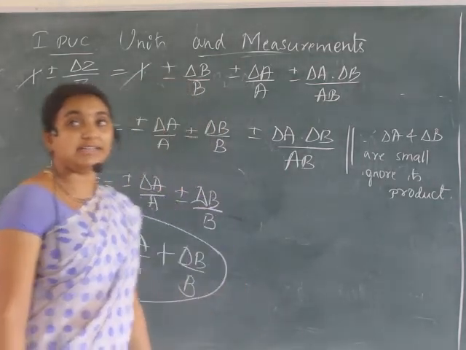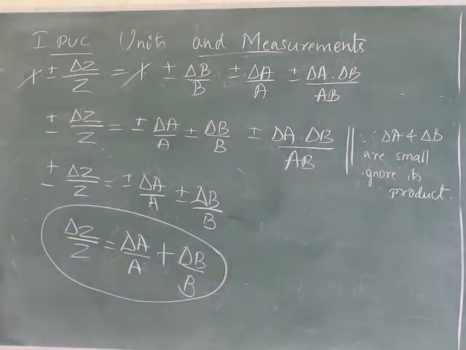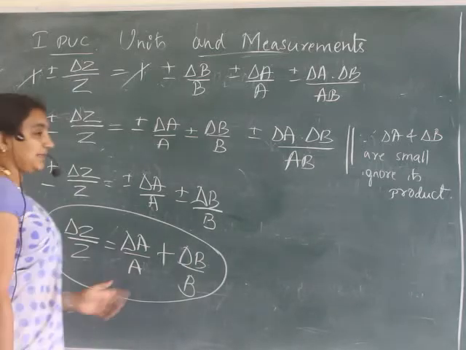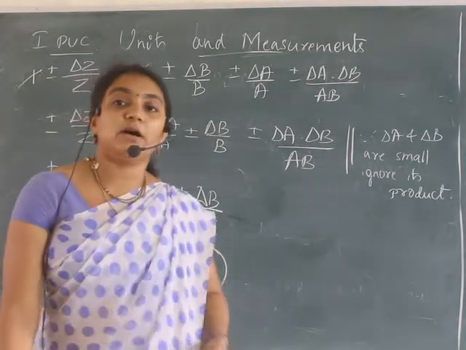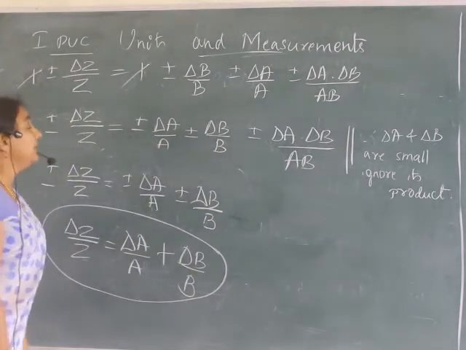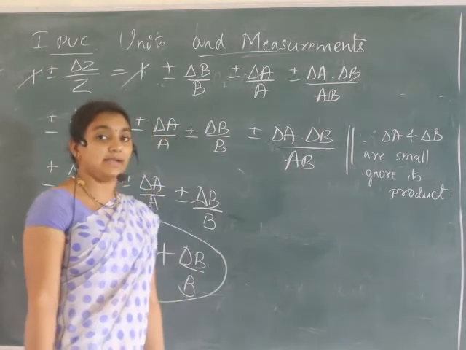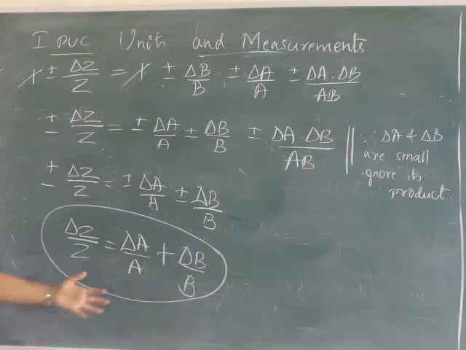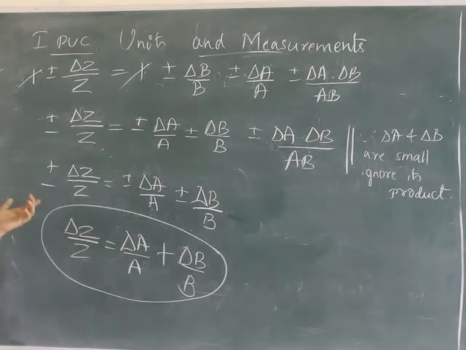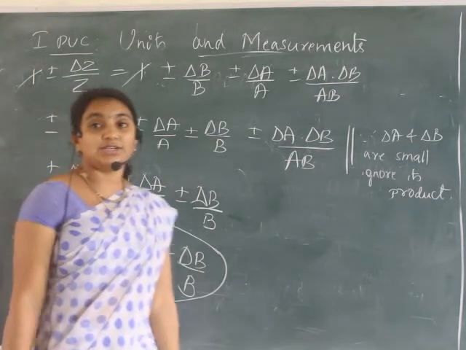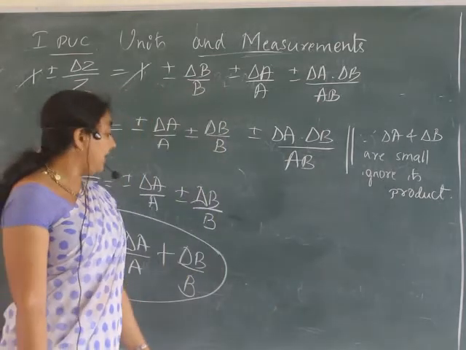So what we have done: we have taken two physical quantities A and B with measured values A plus or minus delta A, B plus or minus delta B. Then Z equals AB, Z equals Z plus or minus delta Z. Substitute it, multiply, and you reach the stage where you divide LHS by Z and RHS by AB.